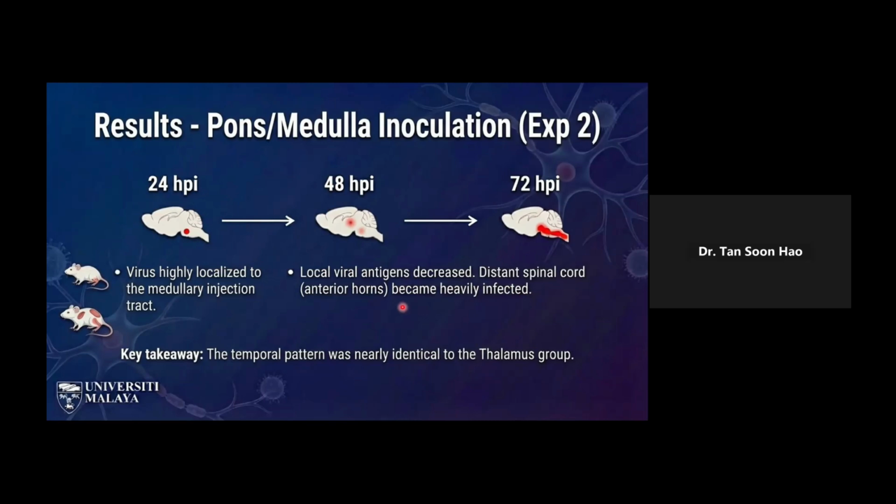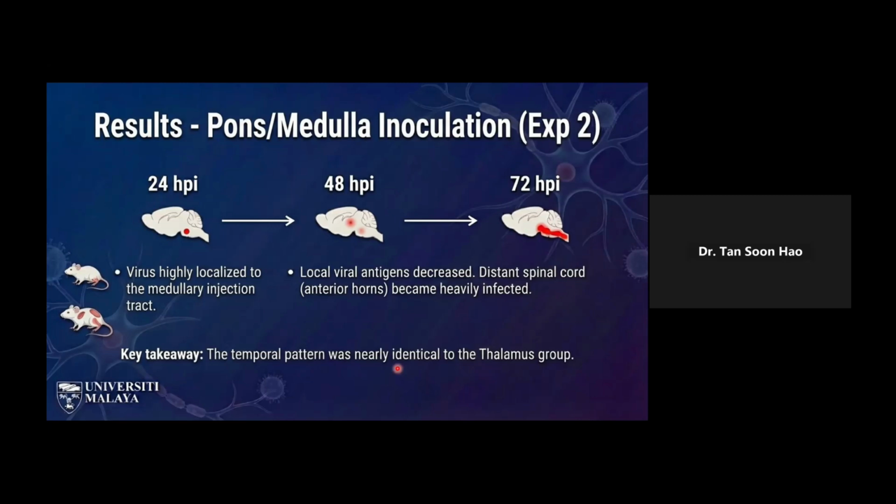So you will see some similarity between the pons inoculation and the thalamus inoculation mice. That is, the timing of the spinal cord infection and the patterns of the CNS infection at the later time point are similar for both thalamus and medulla inoculation mice.